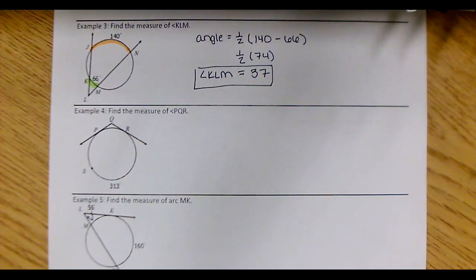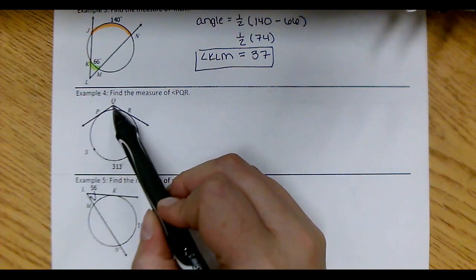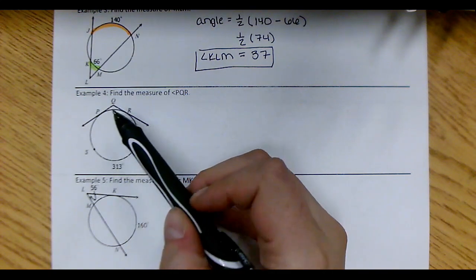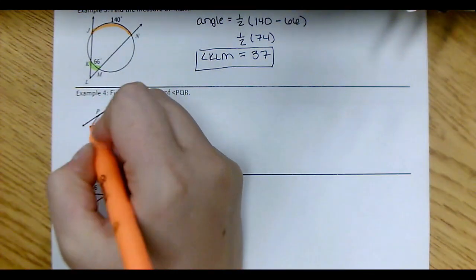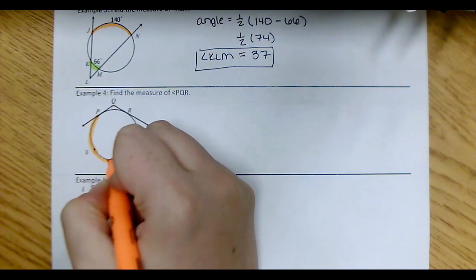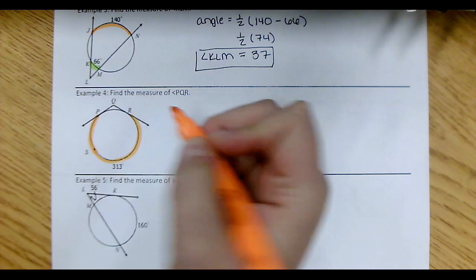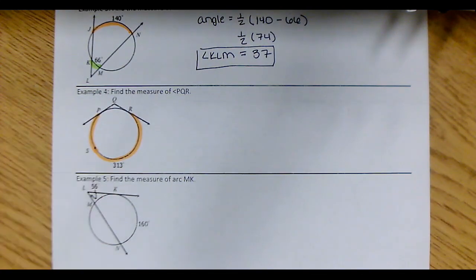Let's look at another one here, and sometimes these ones are a little bit trickier to see. So example number 4, we want to find the measure of angle PQR. So PQR, that angle is right here. So when we have the tangent lines on either side, your big angle is going to be the section from P to S and back around to R. And we can see there the measure that's on it, which is 313.